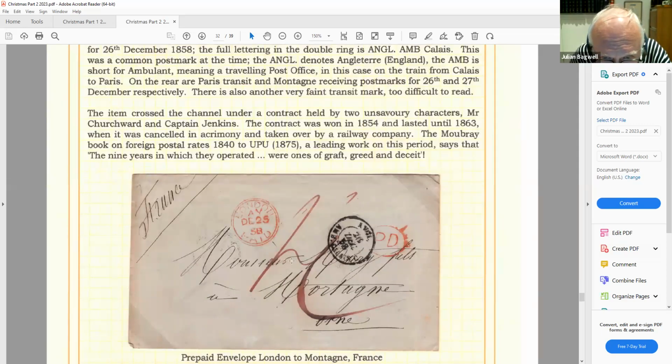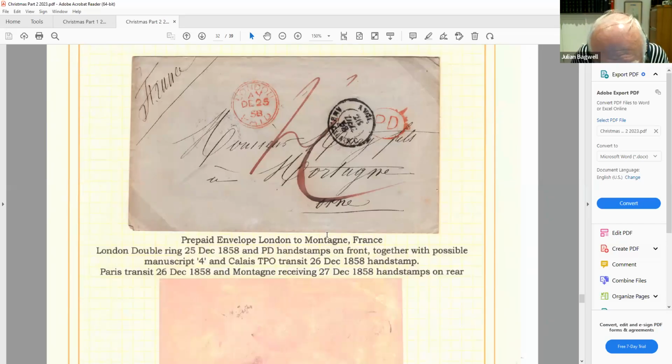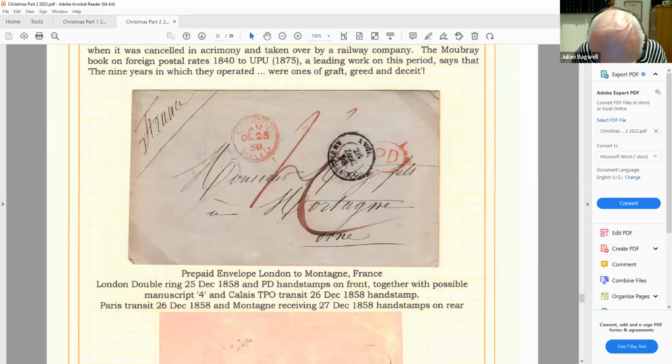And again, this one, no stamps, but you can see the London paid mark here, a rather nice double ring, December the 25th, 1858, with, I think that's a French paid mark, and a French receiving cancellation there. This is, sorry, not French. This is a Calais transit mark there for the 26th of December.